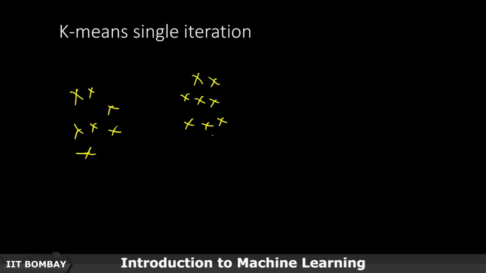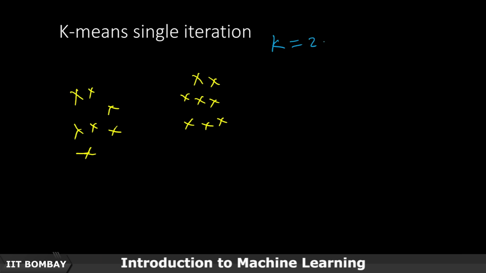Initially we would not know what these cluster centers are. So let's say we randomly initialize, or we end up deciding on two cluster centers, and let's say k is equal to 2. So somehow we figured out that a good k is 2. We did not select k is equal to 3, we did not select k is equal to 4.